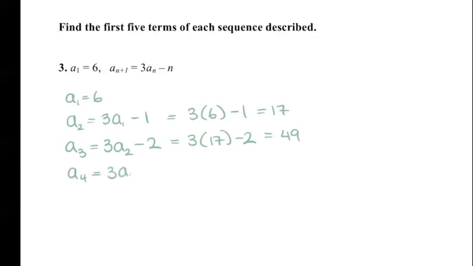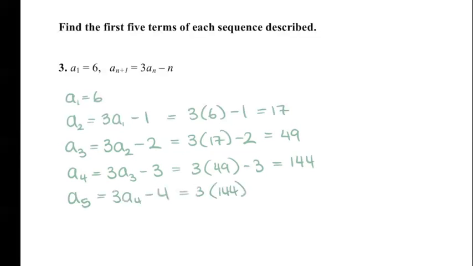So it'd be 3 times 49 minus 3. Good. Which gets you 144. Perfect. And the last one? 3 times a sub 4 minus 4, so it'll be 3 times 144 minus 4. Good. Which is 428. Perfect.